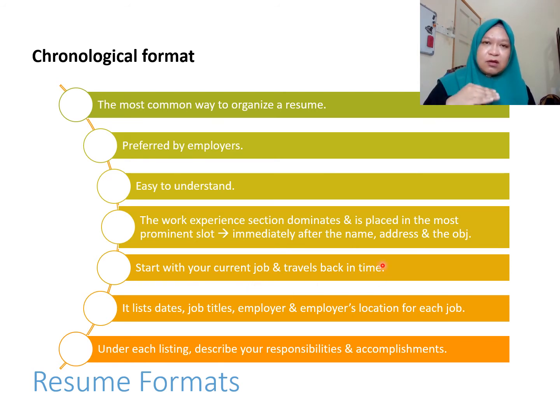When you list your working experience, start with your current one and go down the line. It lists dates, job titles, employer, and also the employer's location. Under each position, you describe a little bit about your responsibilities and achievements.